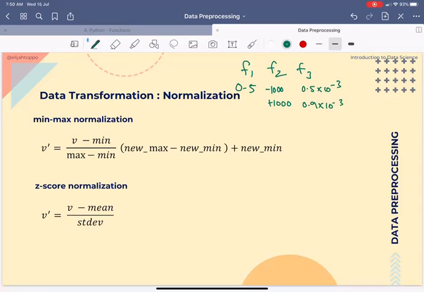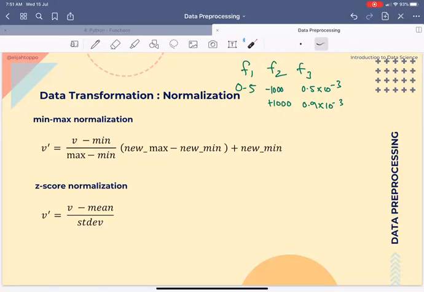If they have several different ranges of data, my algorithm may not understand which is what. Probably what it will do is say that F2 is the most important because it has the widest range of data, and in comparison, F1 and F3 would look like constant values.